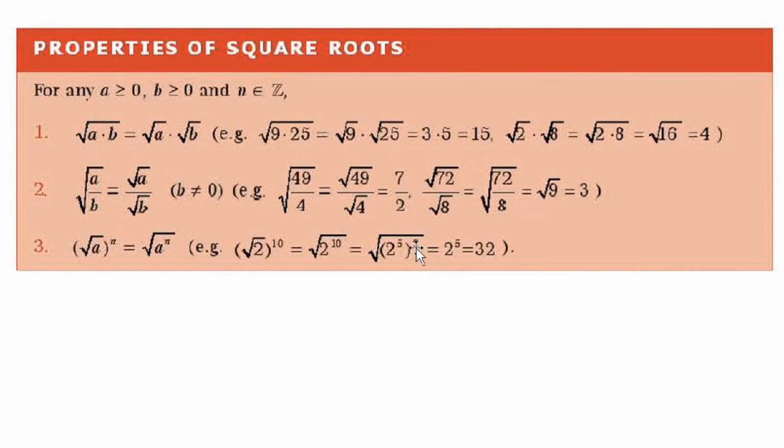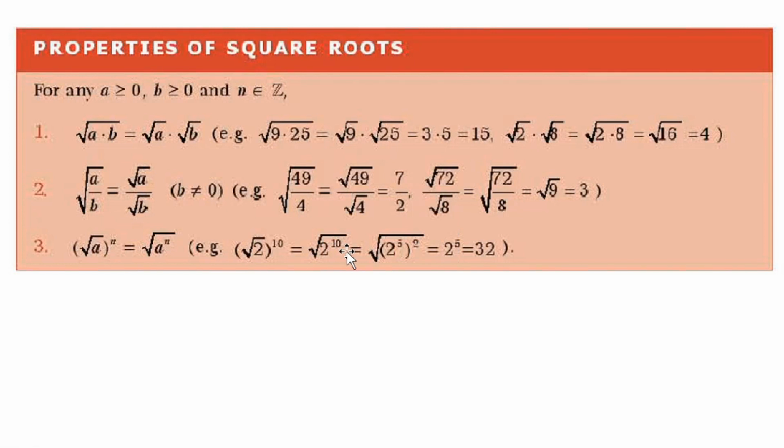We can cancel the 2 with the radical sign, because this is just a square root, so the index is 2. So m over n, it just happened that m is equal to n. If that happens, we can reduce to lowest terms; it is now equal to 1. So cancel that, and the remaining is 2 raised to 5.